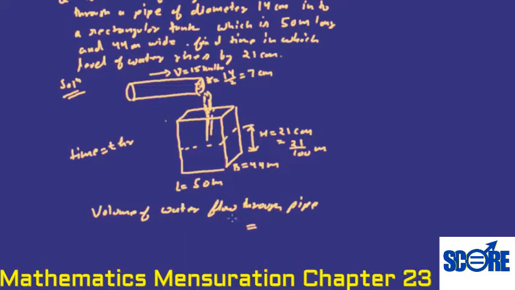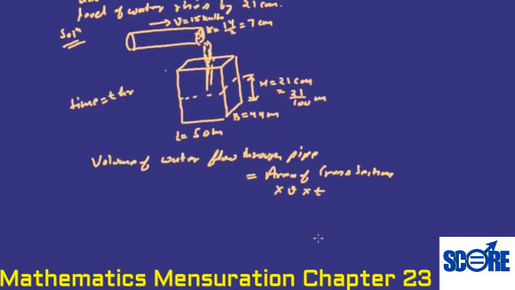So the volume of water flowing through this pipe during t hours is defined as area of cross section into velocity into time. The cross section of this cylindrical pipe is nothing but a circle, that is pi r square.